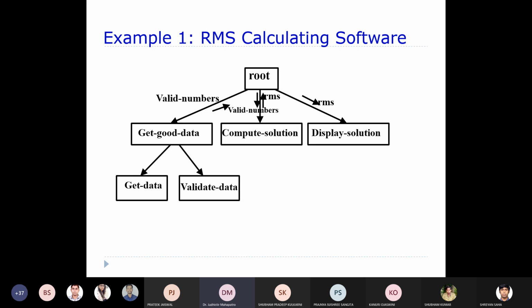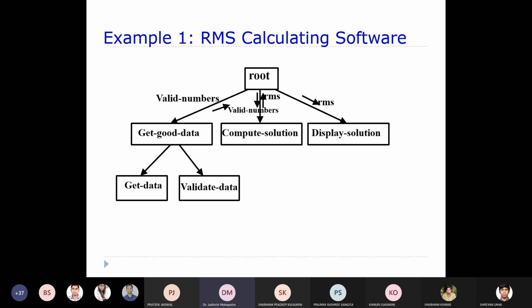Now this particular module can also be divided into sub functions. The first sub function is get the data, and the second sub module, or sub component, is validate the data.